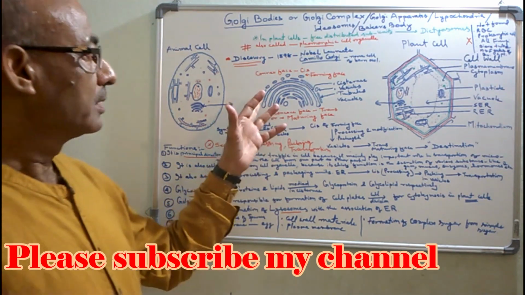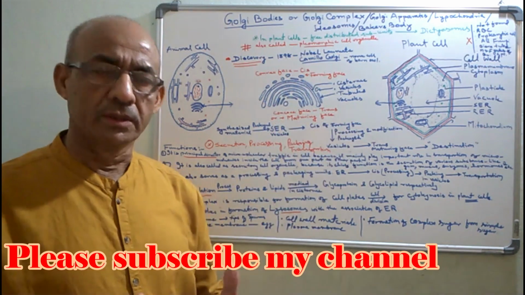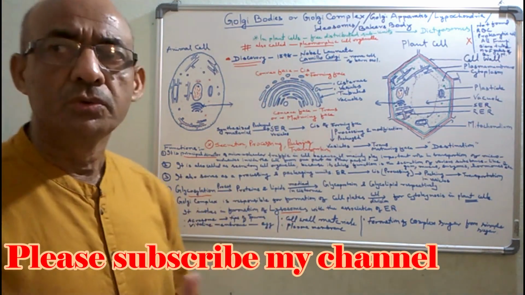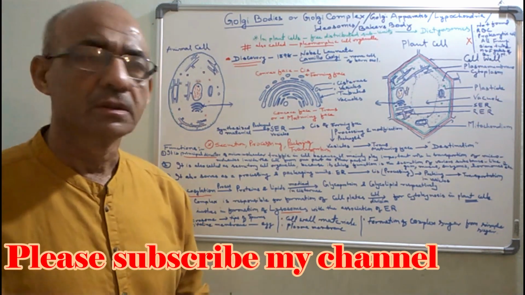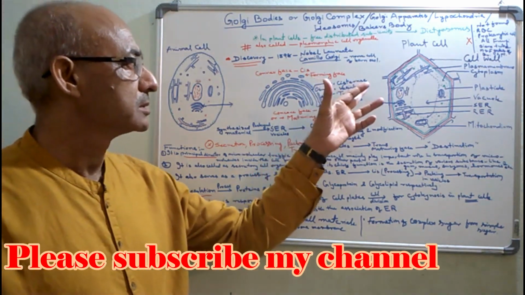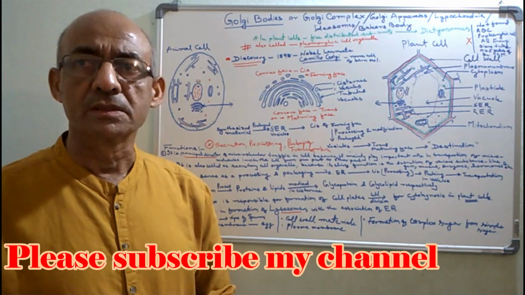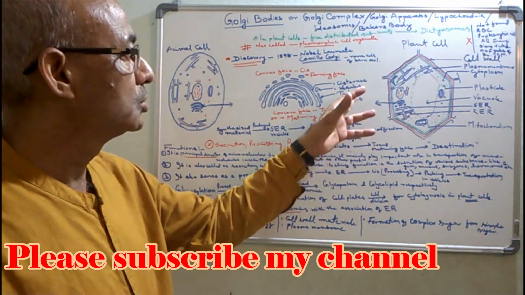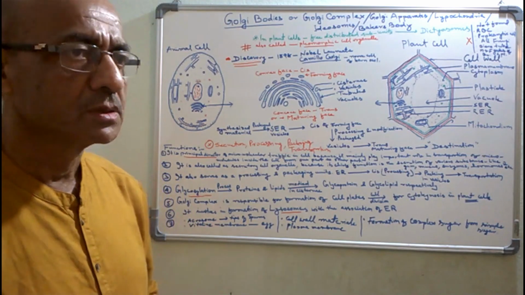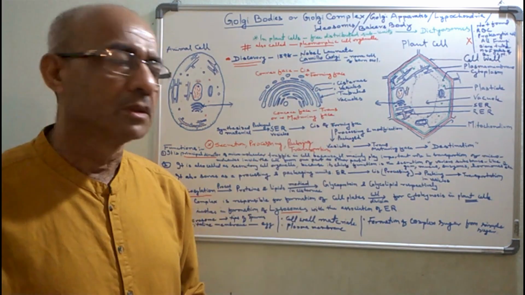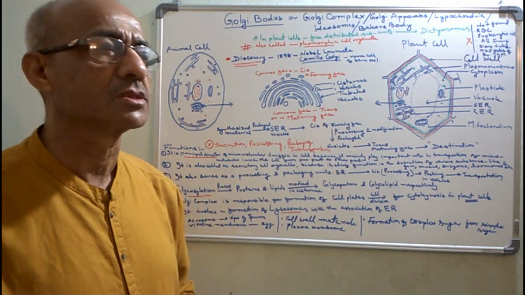They are mostly parallel to each other, and among them there are certain vesicular structures. They are called vesicles. The third form is the tubular form. Small tubular forms are found on the peripheral region of the cluster.